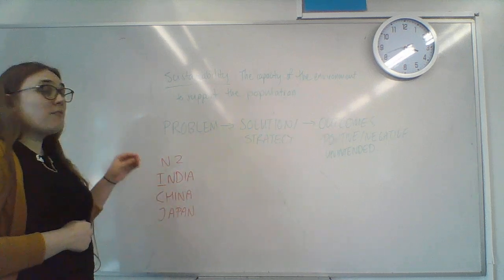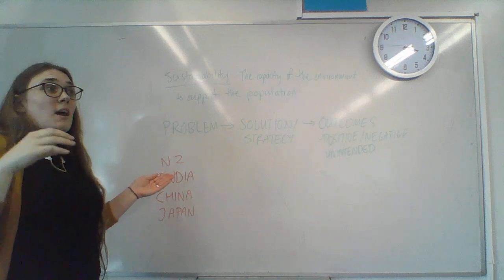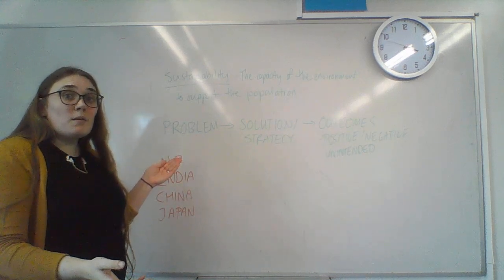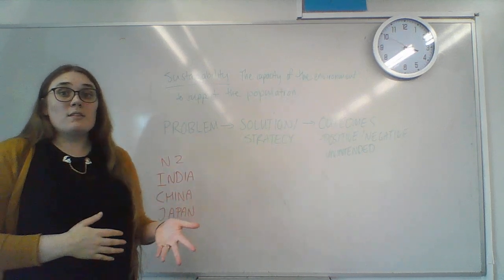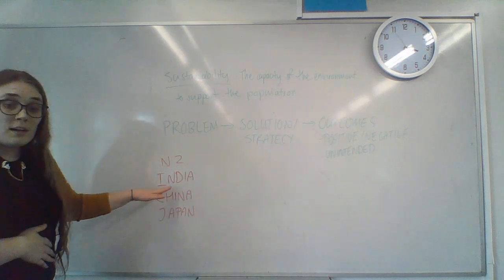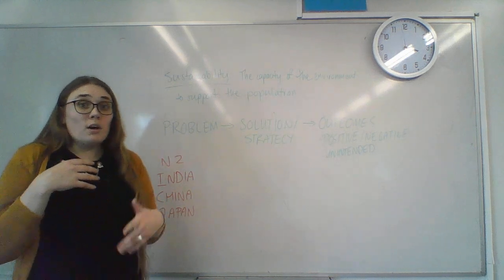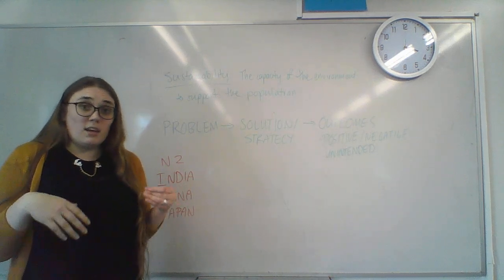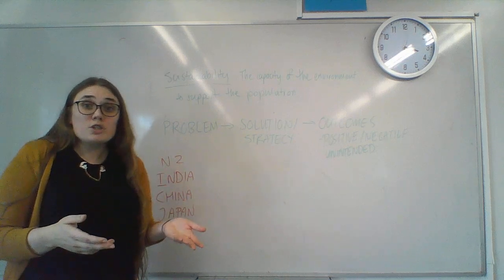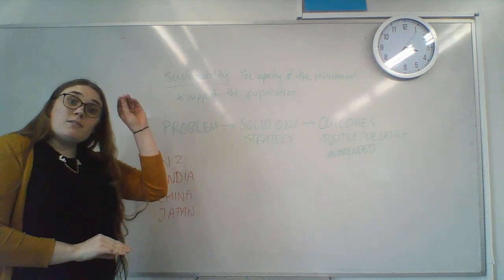So we have a population that has a lot of elderly people at the top and not as many young people at the bottom, and there's a concern that in the future there's not going to be enough people to look after them. India's got a really uneven gender ratio due to cultural preference for boys and the introduction of sex-selective abortion, and that's creating an imbalanced gender ratio.